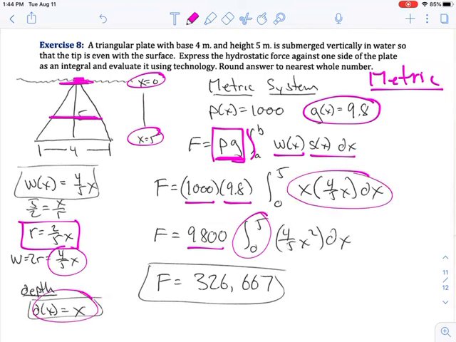So we have the width function times the depth function. You can multiply those together and you get 4/5 x squared. You can integrate that. You get 4/5 x cubed divided by 3, which is 4/15 x cubed. Evaluate that from 0 to 5, multiply by 9,800, and voila, you get that. Stick it in Desmos just to check it out and make sure that they are in agreement.